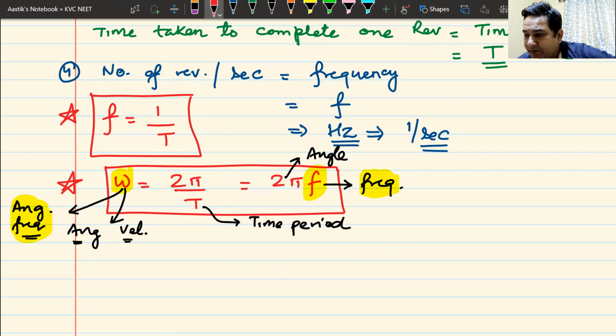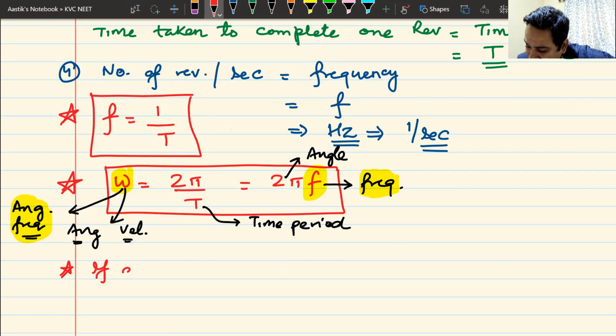There's one more thing that might trouble you sometimes. Sometimes it is given that the body performs n rotations per second.